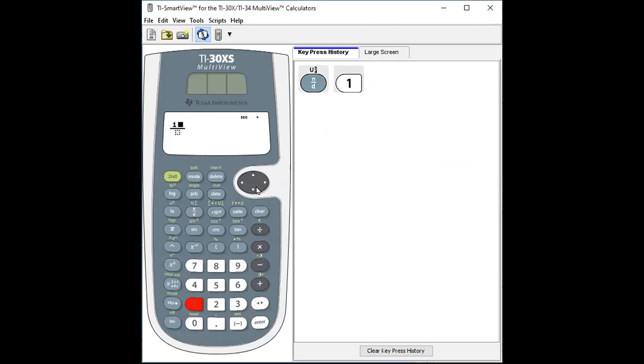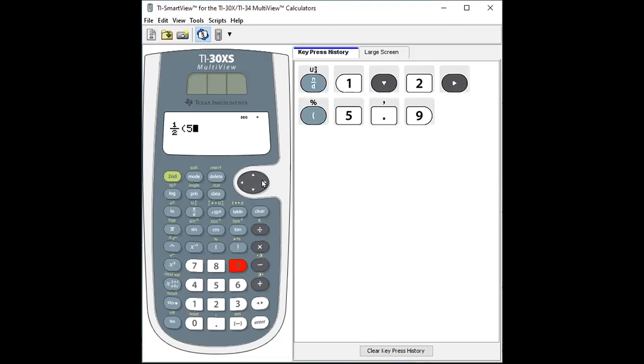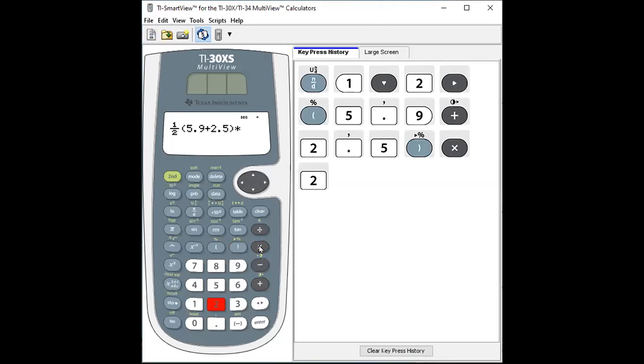So 1, directional pad down, 2, directional pad to the right, and now we'll put our parentheses. So we got our sum in there, 5.9 plus 2.5. All of that times the height at the end, so times 2. And there you go. There's the area of that trapezoid.